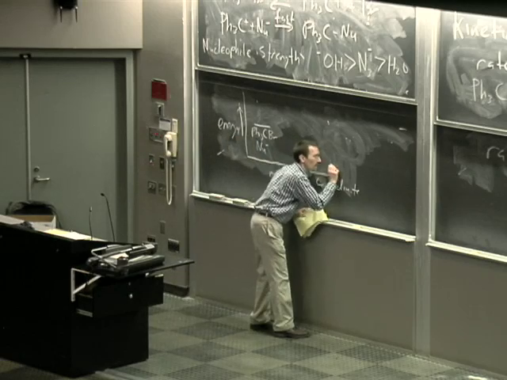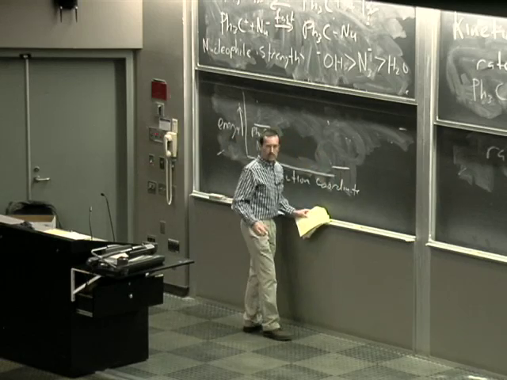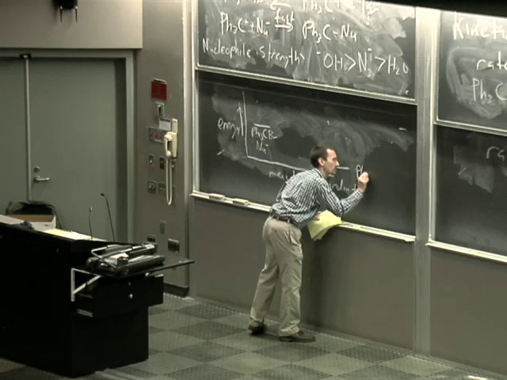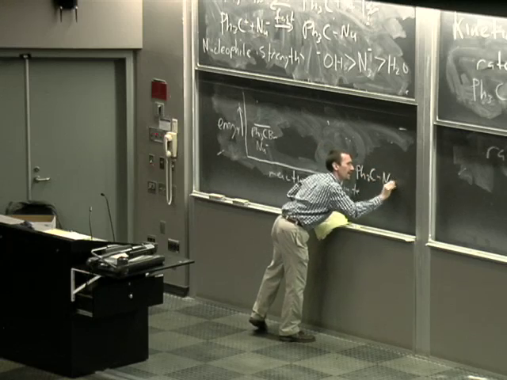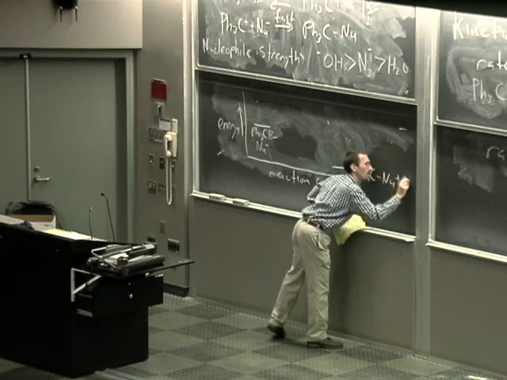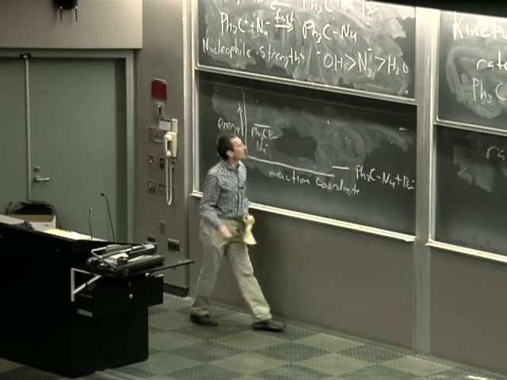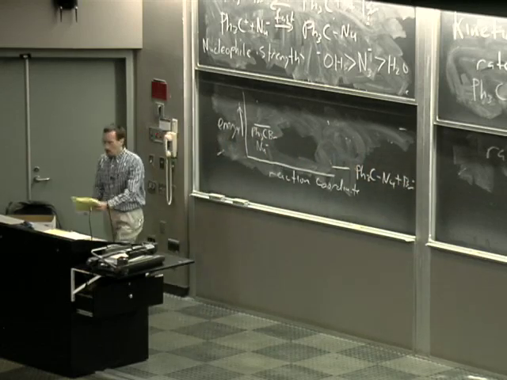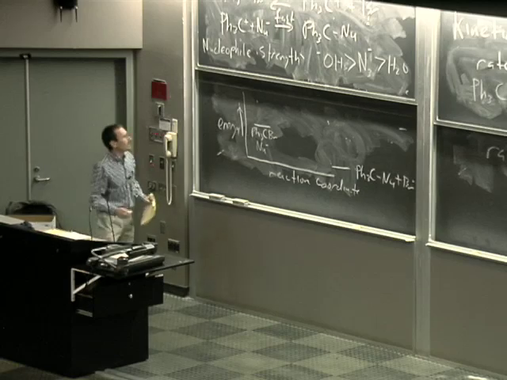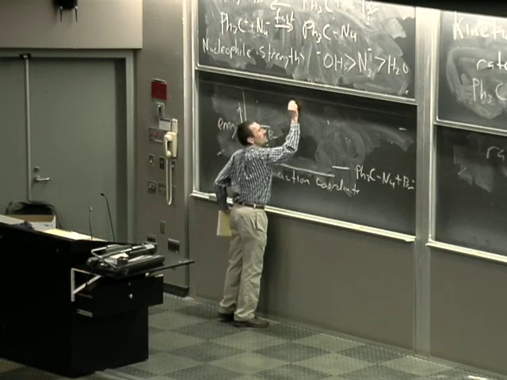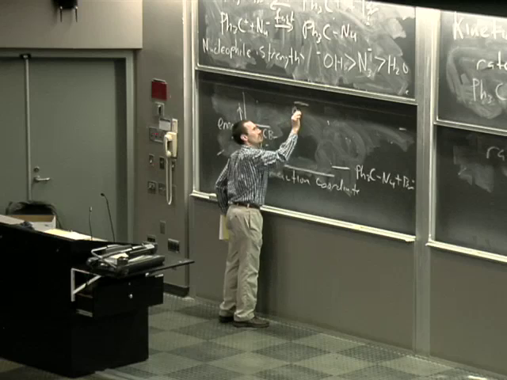On the right, I'll show our products, lower in energy, Ph3CNu plus Br minus. And I'll show our intermediate in the middle, and the intermediate is higher in energy, of course.